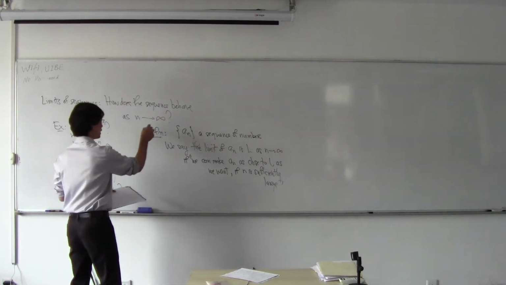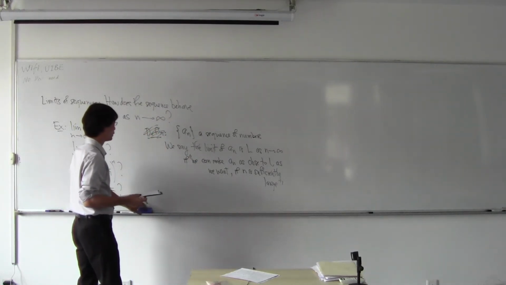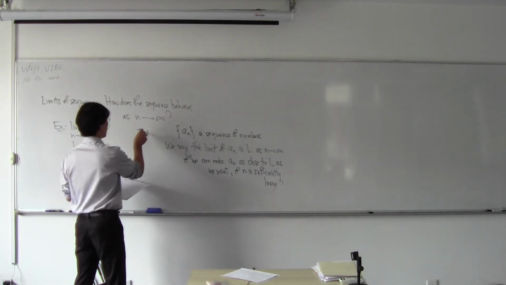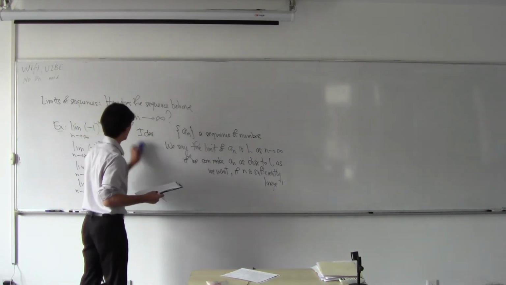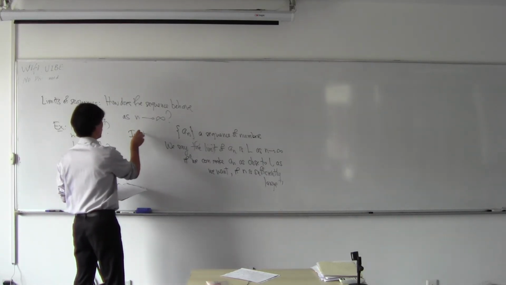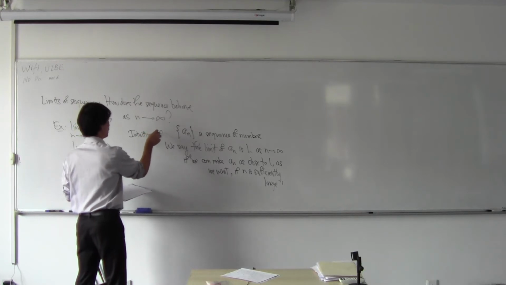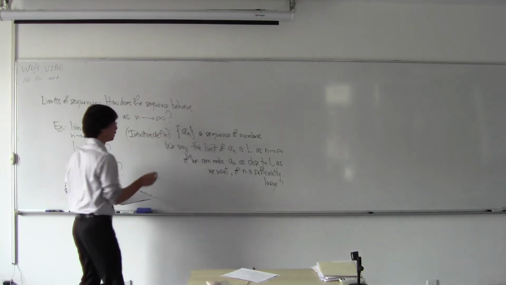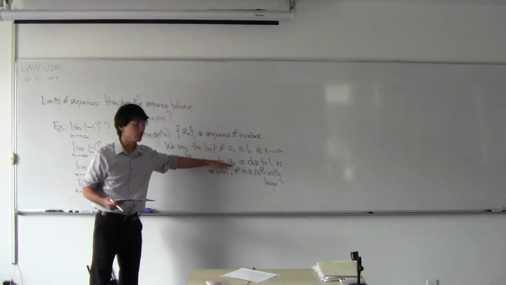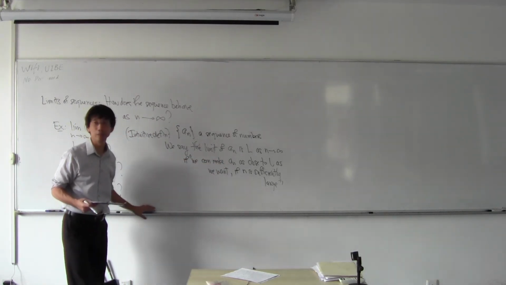Okay, so this is not really a definition. It's more like an intuitive idea, maybe an intuitive definition. We can make A sub n as close to L as we want if n is sufficiently large.